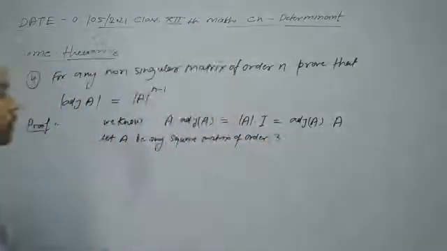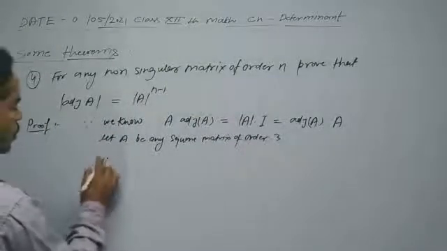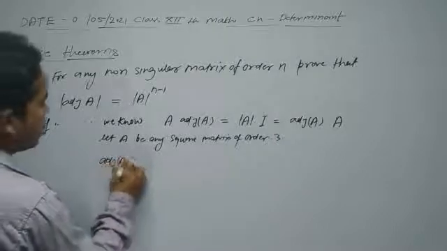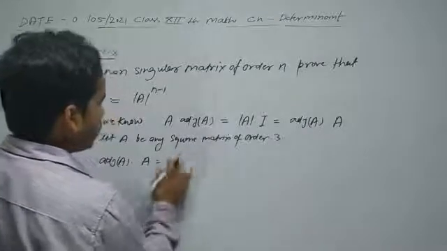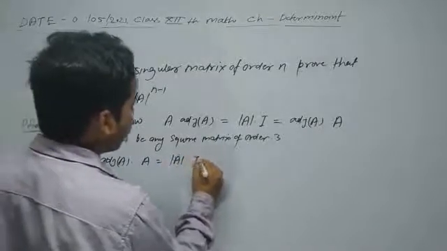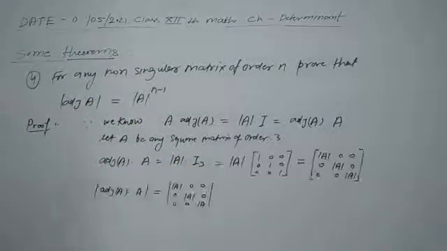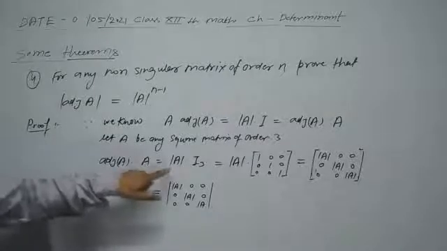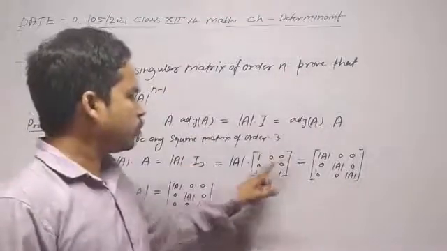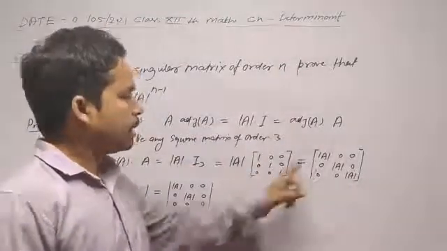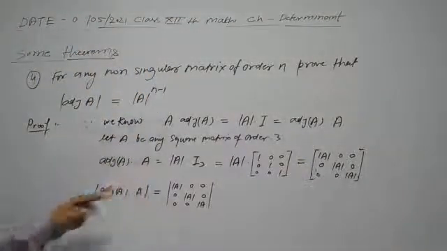Then adjoint of A into A is equal to determinant of A into I3, and I3 is the identity matrix of order 3 cross 3: 1 0 0, 0 1 0, 0 0 1. When you multiply, all the elements are multiplied by determinant of A. Take the determinant on both sides.